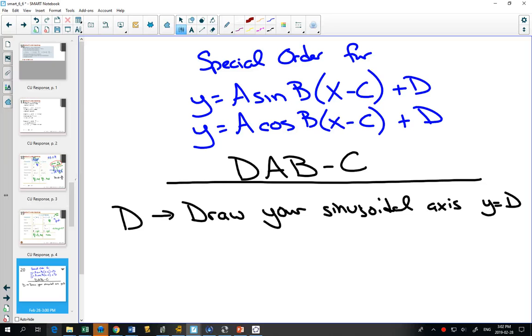Then your A stands for your amplitude. Remember, amplitude is the distance from the center line to a maximum and from the center line to the minimum.